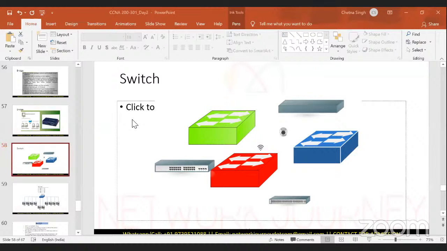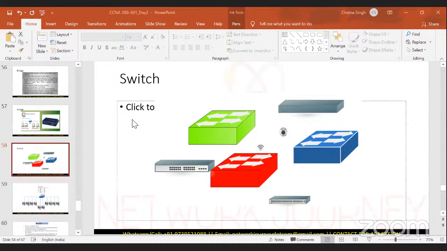Filtering means it has its own table. In the table, it will look for the destination MAC address, and it will only forward to that segment. It has the ability to filter which MAC address it is and whom it has to be forwarded to. It doesn't blindly broadcast to everyone.